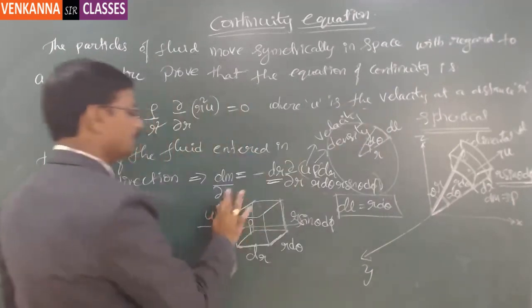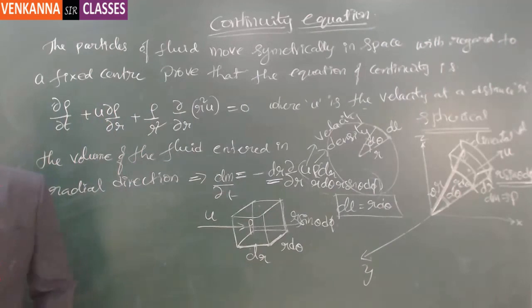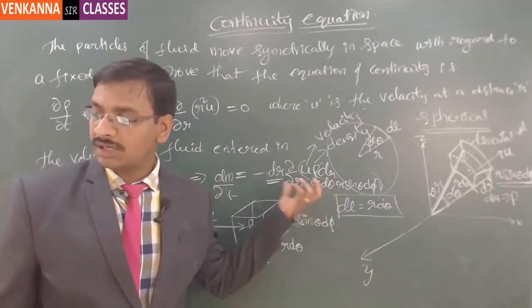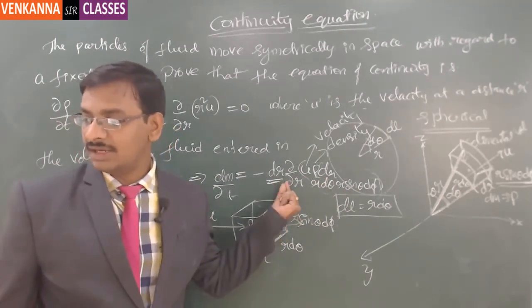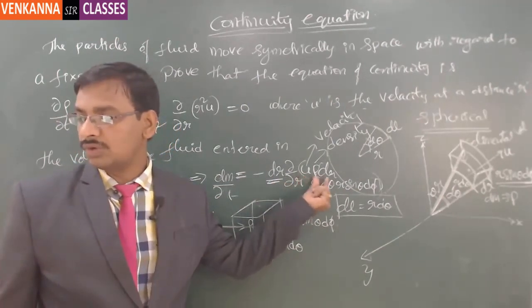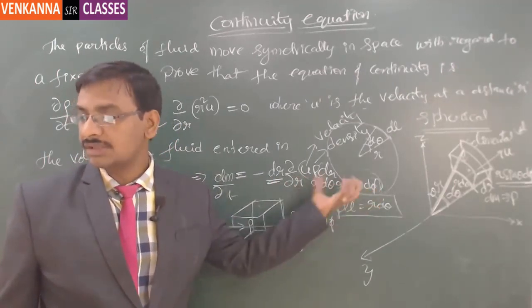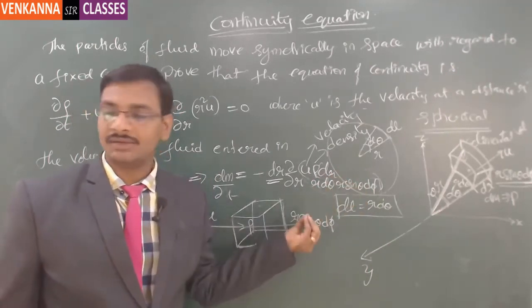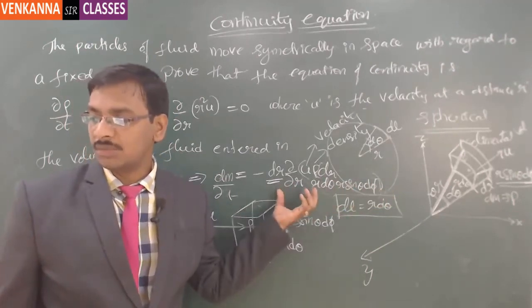Sorry, this is dm by dt. Got it? So the mass of the fluid that is getting accumulated within this elemental volume is given by minus dr into dou by dou r of u into rho into dr into r d theta into r sin theta d phi. This is the way we have calculated, considering the fluid is entering, but by convention going out. So that's why this is the accumulated fluid.